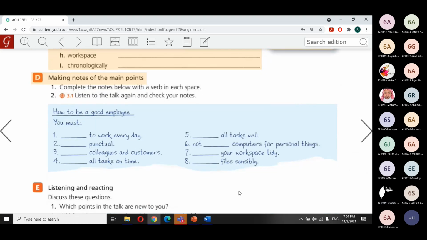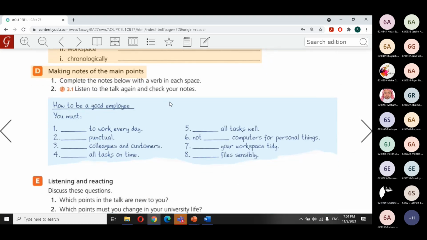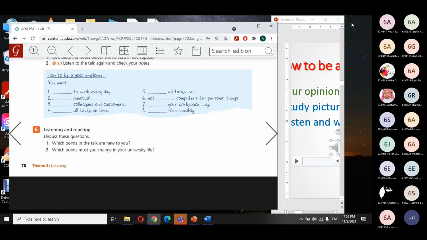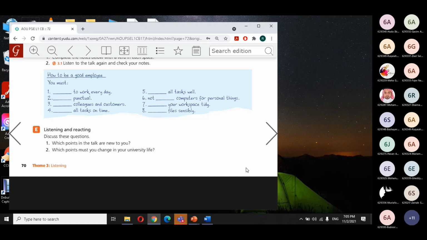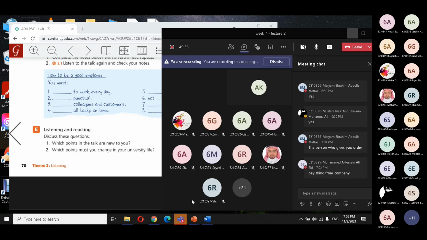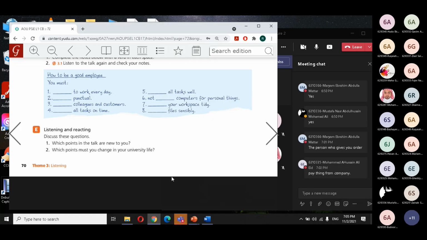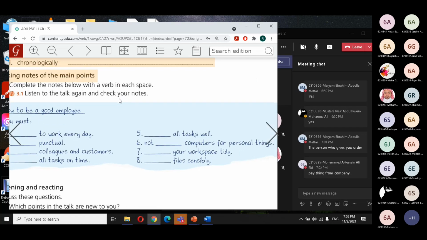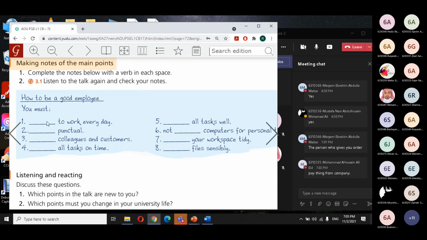He said listen again. We are not going to listen again, unless it's very long, but I will check your memory. Now if you look at this, these are 1, 2, 3, 4 until 8.